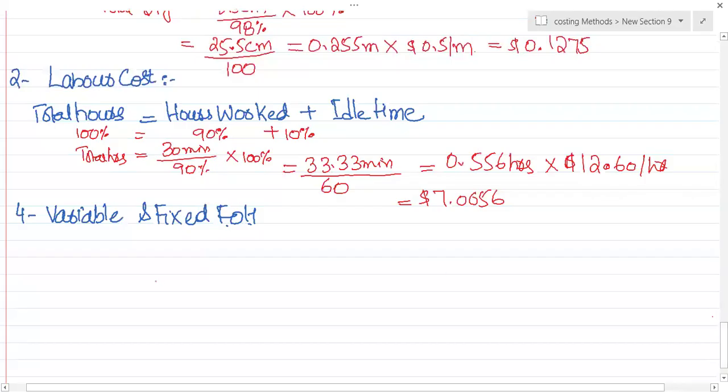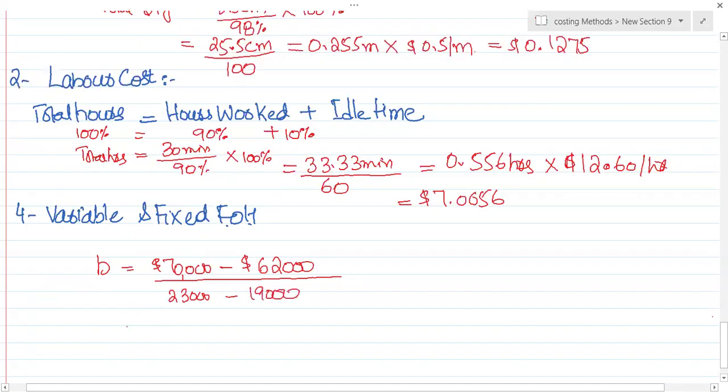First of all, we will calculate our variable cost, that is B. B is equal to highest cost minus lowest cost, that is 70,000 minus 62,000, and hours given is 23,000 minus 19,000. So you will get your B, that is 20 per hour. This is your variable factory overheads.